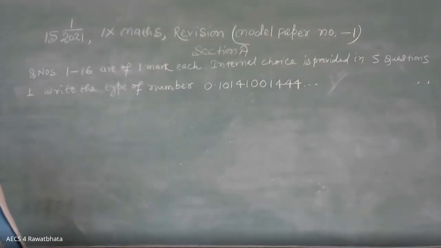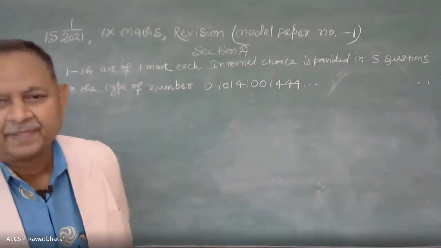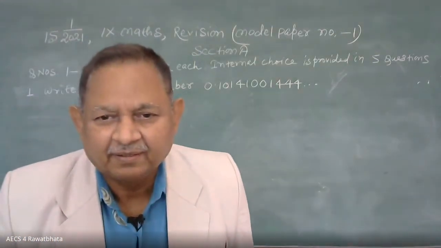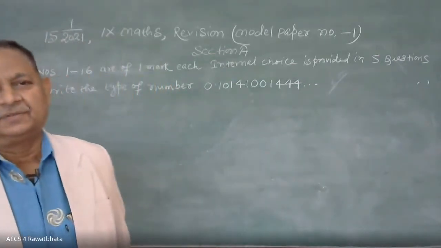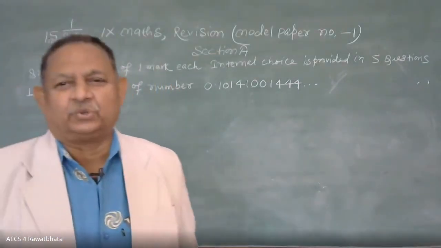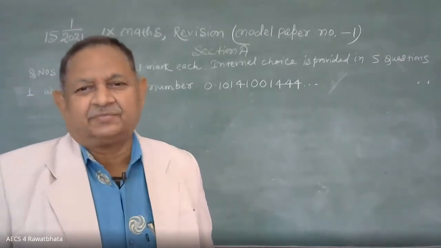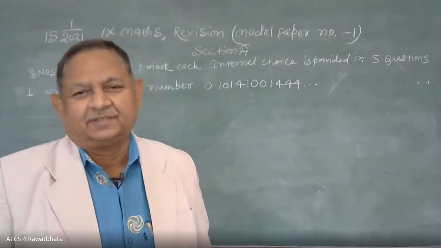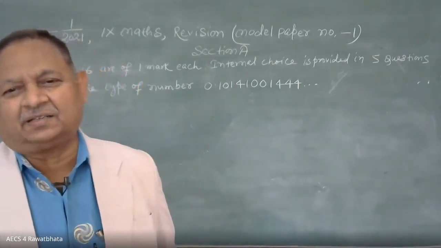First question, write the type of number. Type of number, 1 mark question. Means whether it is rational or irrational.